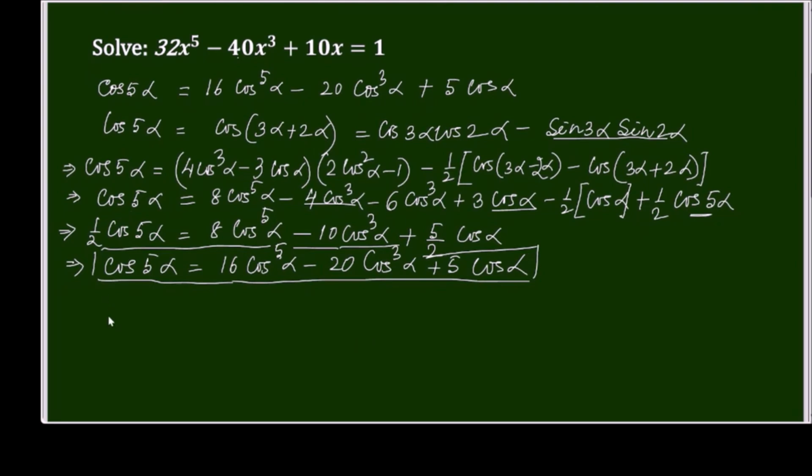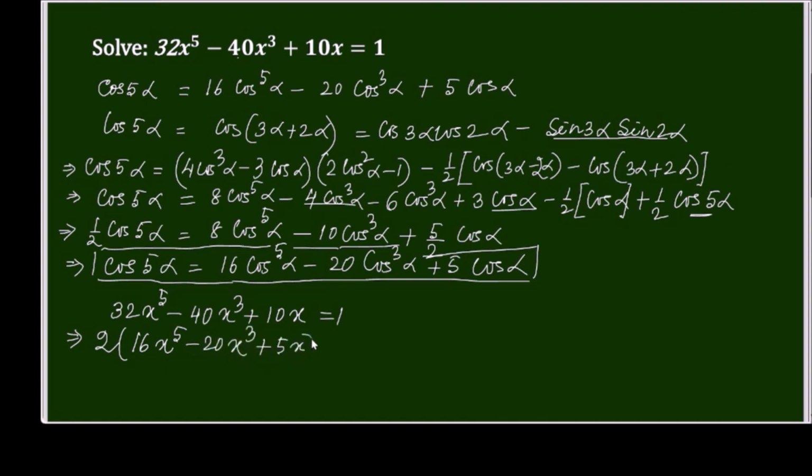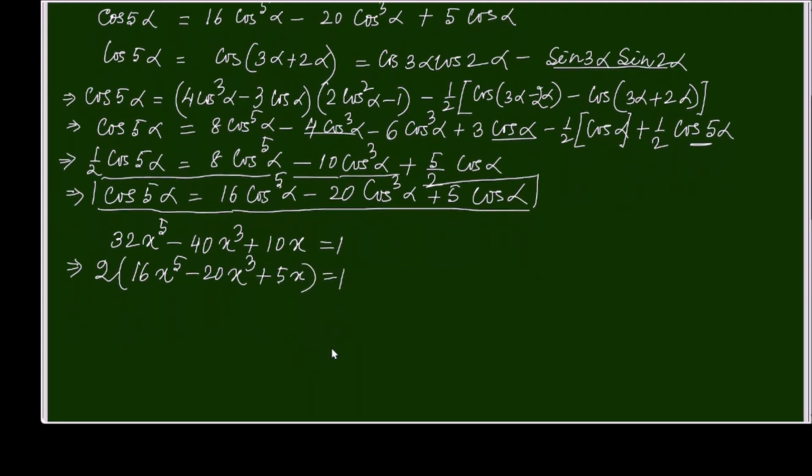Coming back to the original equation, 32x^5 minus 40x^3 plus 10x equals 1, taking 2 common, not half, I'll get 16x^5 minus 20x^3 plus 5x equals 1.